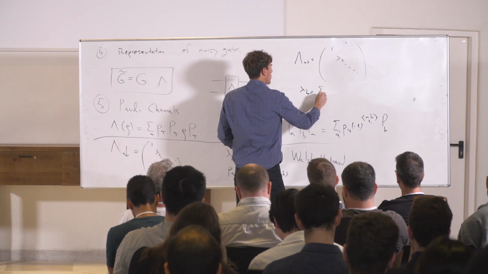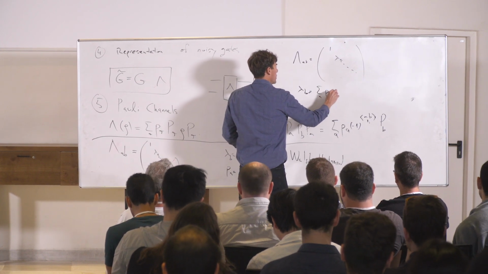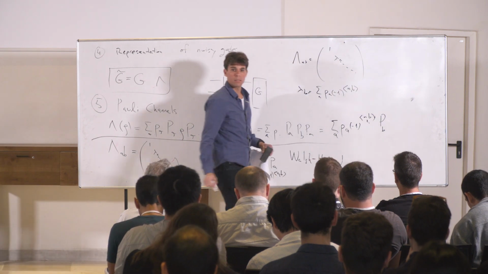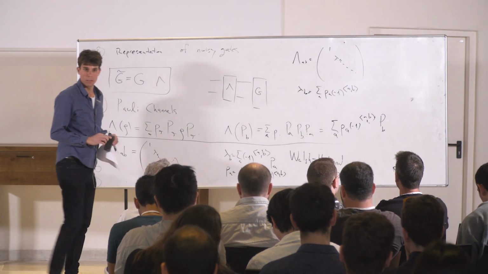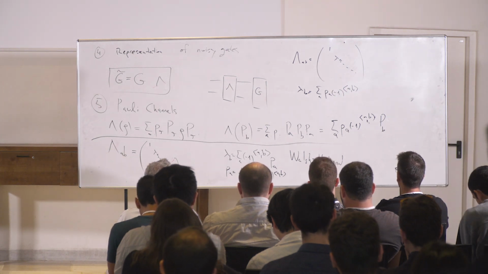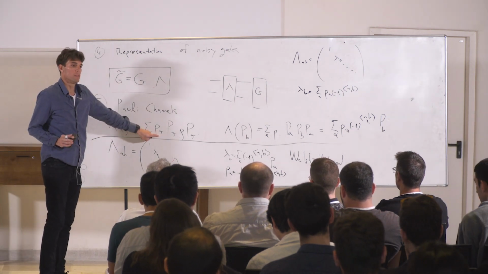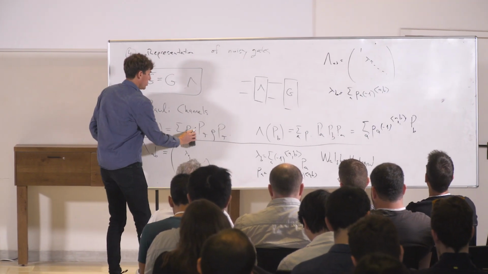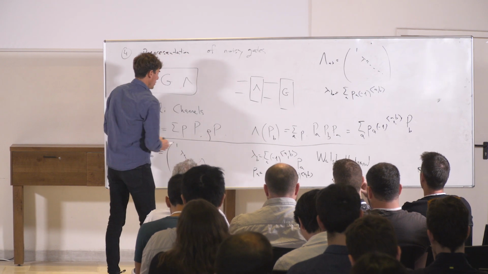Lambda B is the sum over A of P A. This is the relation between the lambdas and the p's. P A is the definition of the channel. Well, I should switch to A here.